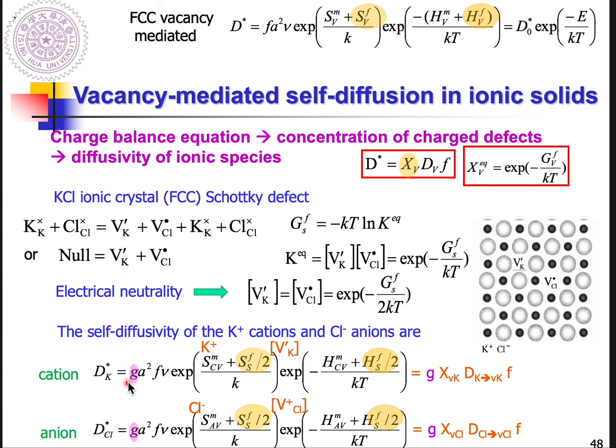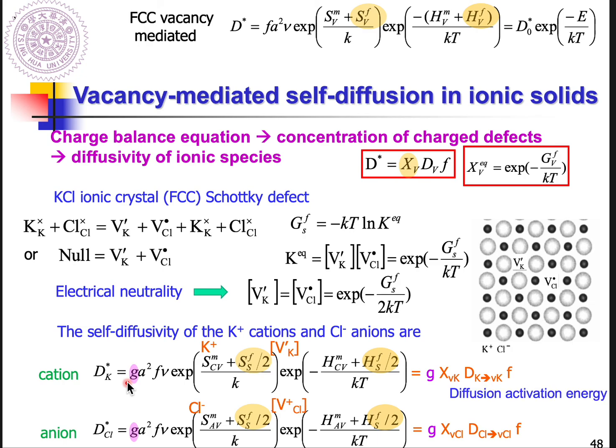So you need to modify them based on the coordination number difference, right? So just put all the coefficients here related to different crystal structures, and also different correlation between each jump, something like that.